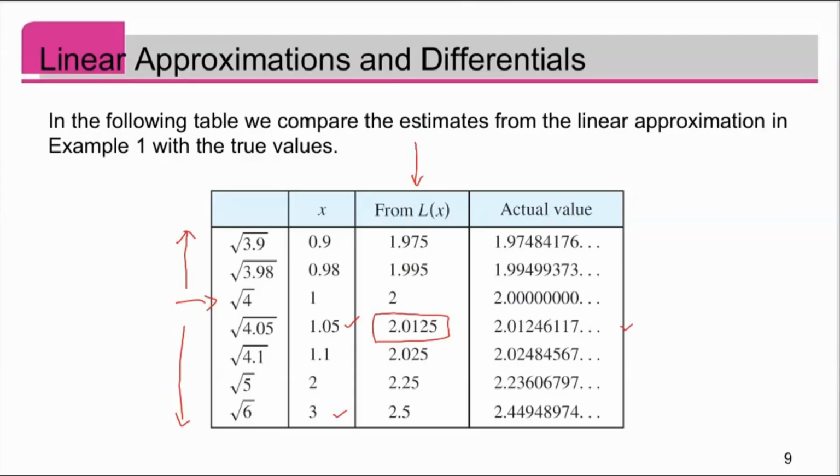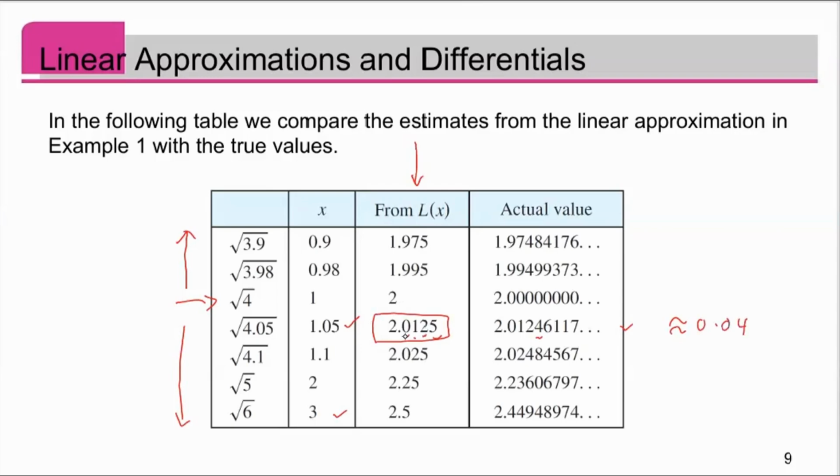The first, second, and third decimal places are the same as the actual value, only the fourth one is different by about 0.04 approximately.